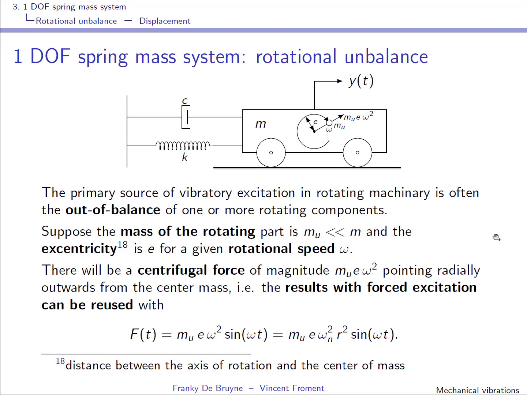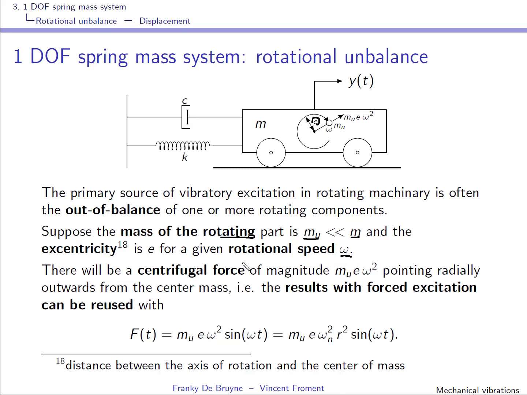Well, in this example we'll assume that there is rotational imbalance, that is, the primary source of vibration is, in a rotating machine, the out of balance of one or more rotating components. We'll suppose that the mass of the rotating part mu is much smaller than m, that the eccentricity is denoted E, and this mass that is out of balance is rotating at a rotational speed omega.